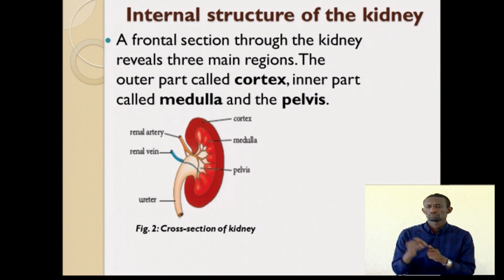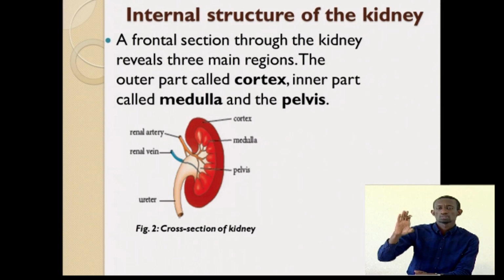The kidney internally is made up of very many parts, but I can group it into 3 major parts. We have the cortex, the medulla, and the pelvis. These are the 3 major parts that make up the internal structure of the kidney.